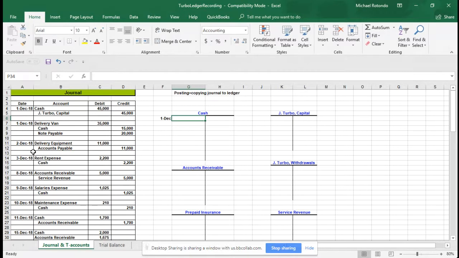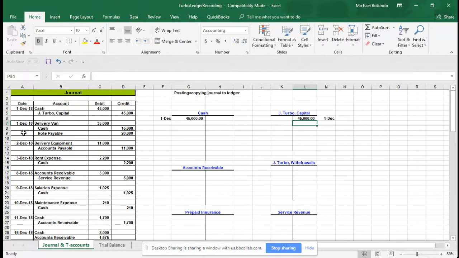If we have an error, we need to refer to something. We have a debit of $45,000 to cash, and then we're going to have a credit to James Turbo's capital account. So we're going to credit it, okay? And we're going to put the date out on the right, okay?